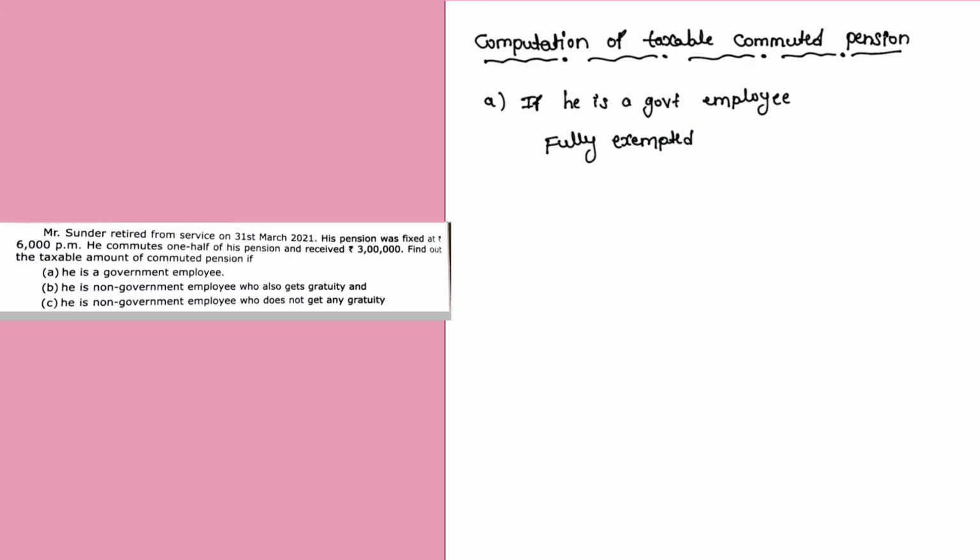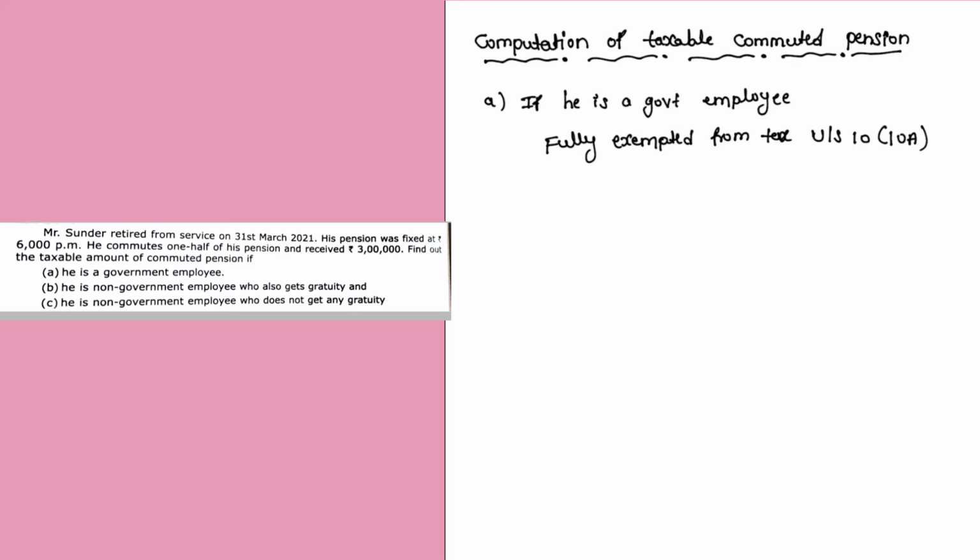If Sundar is a government employee, it is fully exempted from tax.